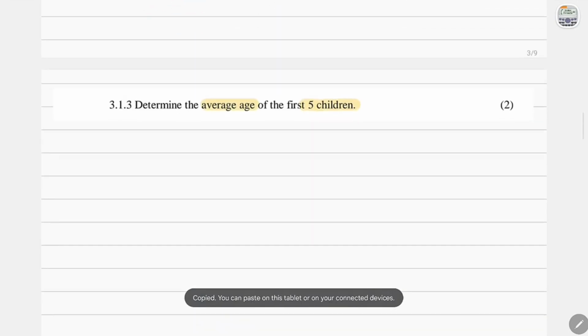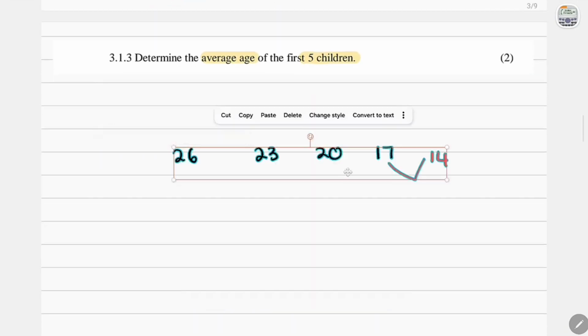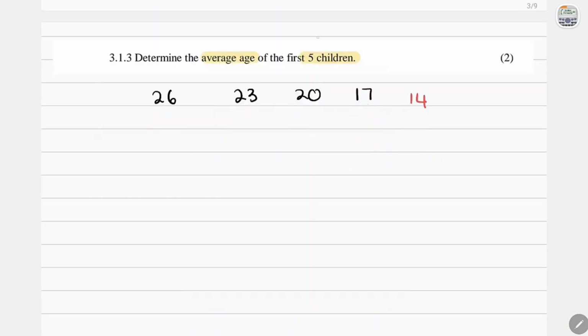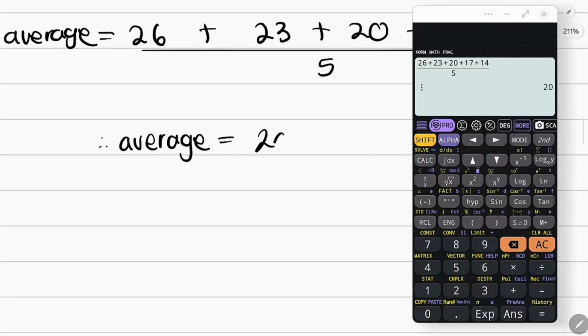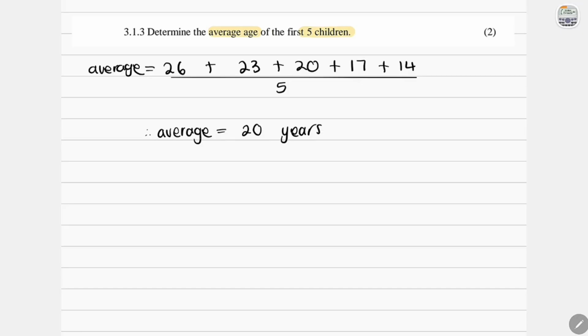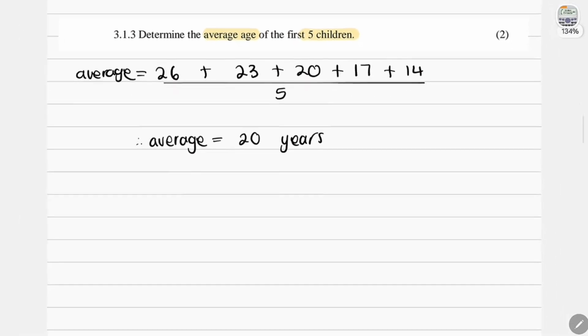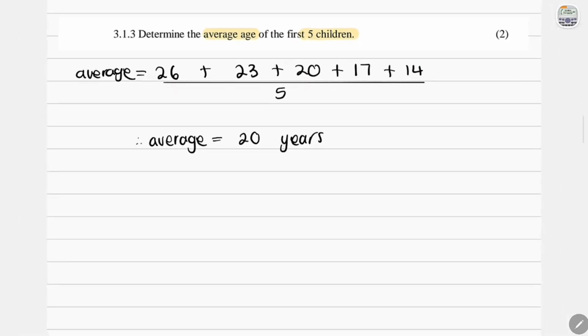And we're going to add their ages. And to find an average, you take those ages, you add them together, and then you divide by the number of children that we have. Okay, so divided by 5. And so we will get our average like this. And the average age is 20 years. Okay, so the average age is 20 years, and that is our answer. Moving on to the next question.